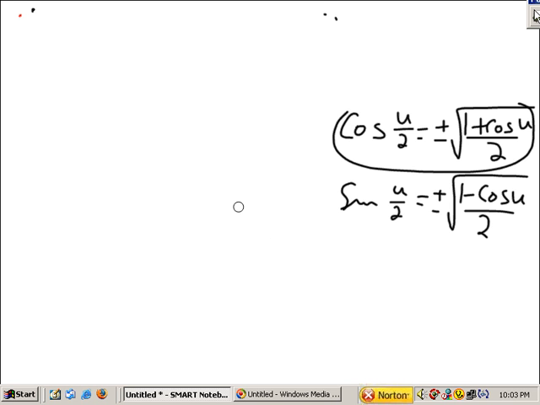Okay. Now, somebody asked me, what is the cosine of 22.5 degrees, and you cannot use a calculator, and it has to be exact. Well, what I would think is, 22.5 is 45 over 2.